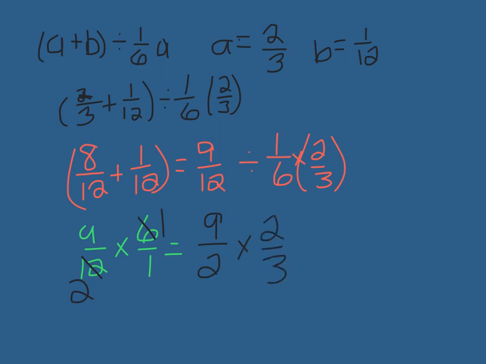Now I need to bring this one down here. So then I can cross these out. I can cross this out to be 1 and this to be 3. These are 1s now. 3 times 1 is 3, and 1 times 1 is 1, and so it equals 3.